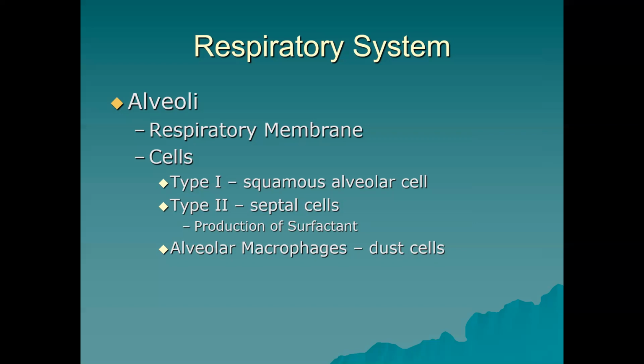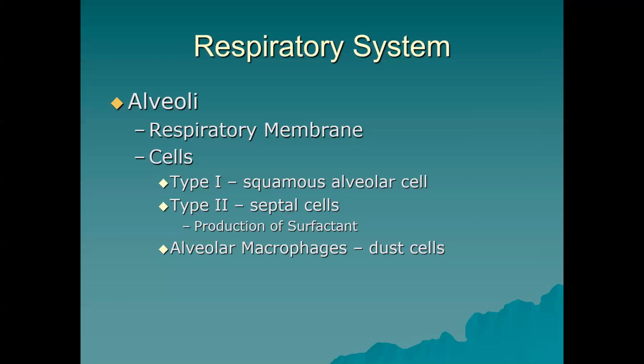The type 2 septal cells, type 2 alveolar cells, they produce surfactant. And surfactant is really a biological detergent. You see, this is a moist membrane. The alveoli are moist. There's water down there, lining the alveoli, a very thin layer of water.